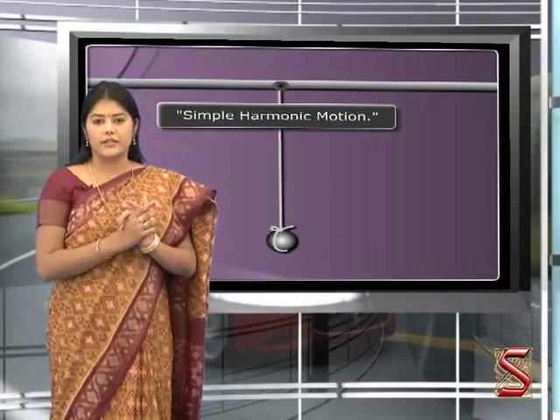The to and fro motion of a particle about a mean position on a fixed path such that acceleration of the particle is always directed towards the mean position and is directly proportional to the displacement of the particle from its mean position is called a simple harmonic motion.